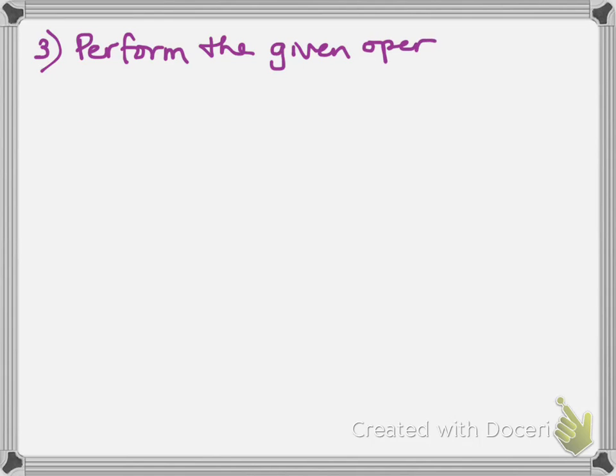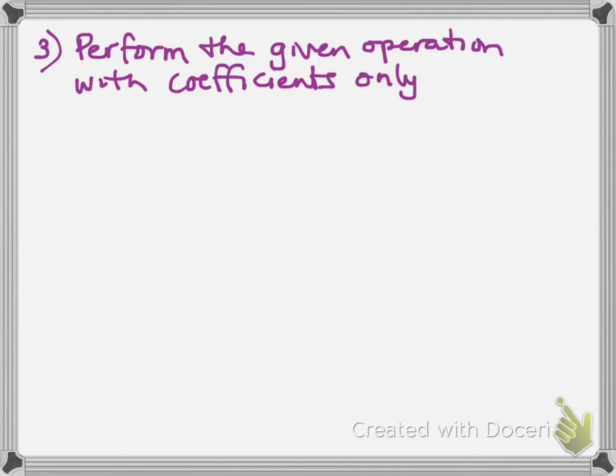So that will be our third statement under combining like terms. You're going to perform the given operation with the coefficients only, and then I'm going to yell at you a little bit, in red, so you know I'm really telling the truth here.